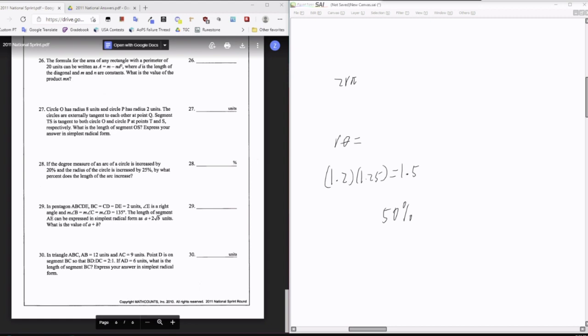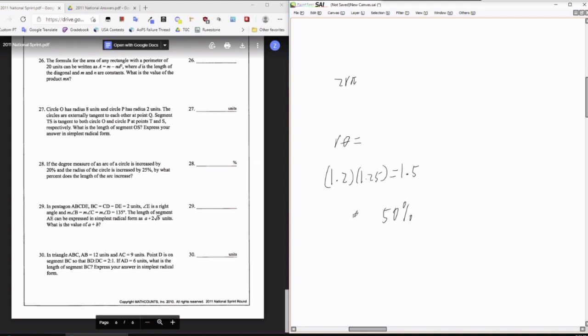And you should know the formula that the radius times the radian measure of an angle equals the length of the arc. Radians are very important.